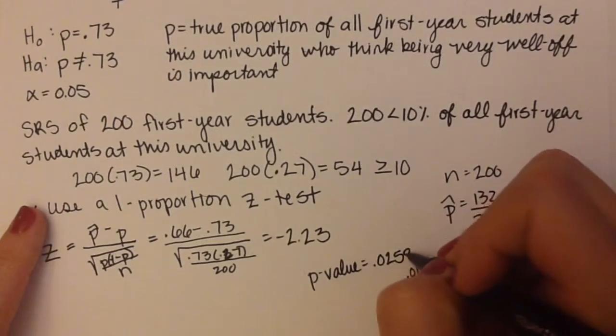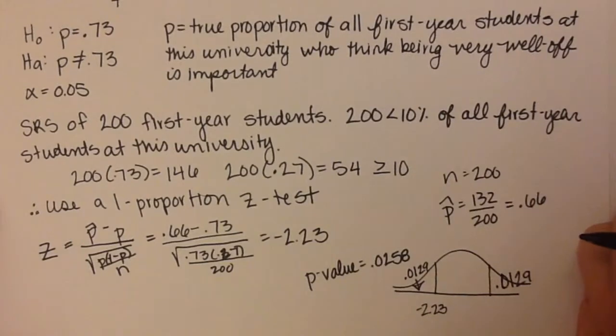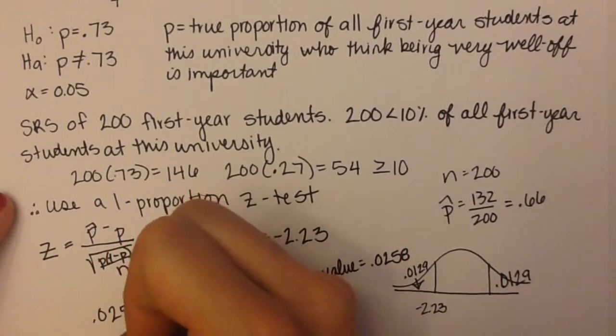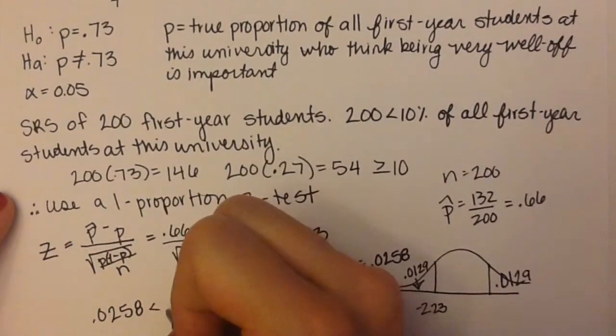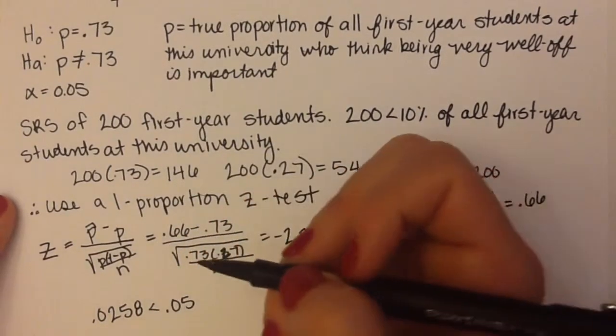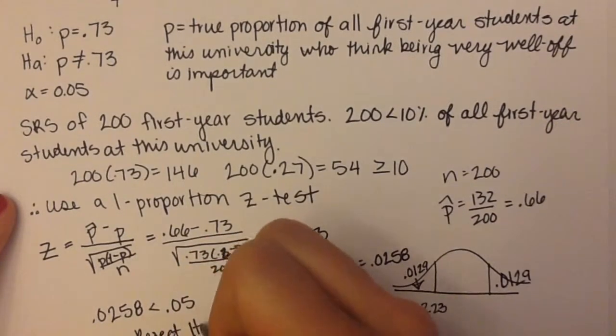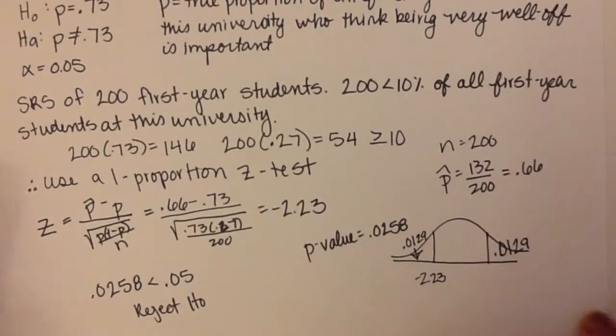That's what I would use to make my decision. Notice that 0.0258 is less than my 0.05 alpha level, so that means that I would reject the null hypothesis. And then my conclusion would be written from there.